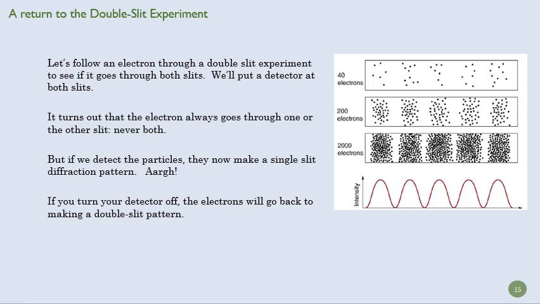So no detectors, I throw these photons at my diffraction grating, and I get a nice diffraction pattern over time. Turn on the detectors, the diffraction pattern disappears. We know which slit the photon goes through, and it acts as if it's only going through that one slot. Then we turn the detectors back off, and you go back to getting this probability distribution.